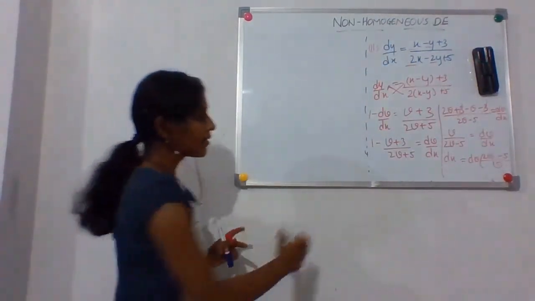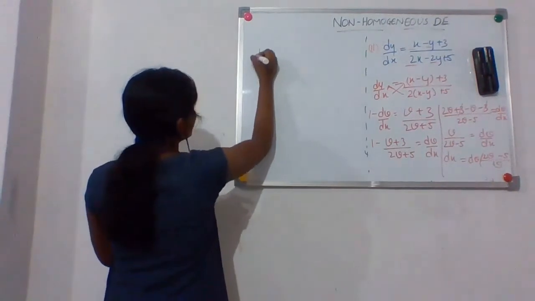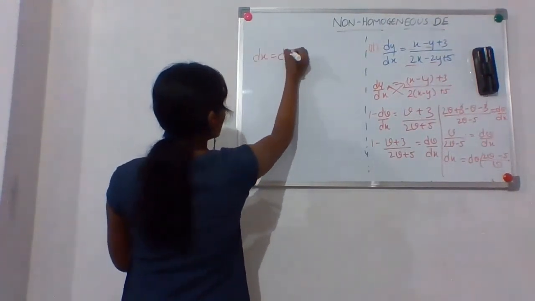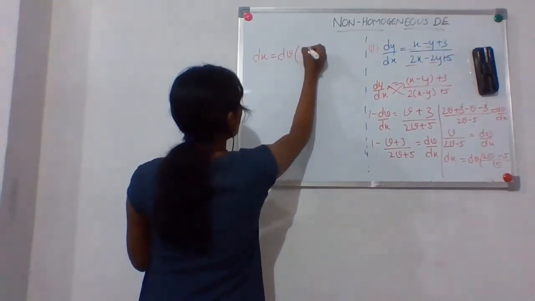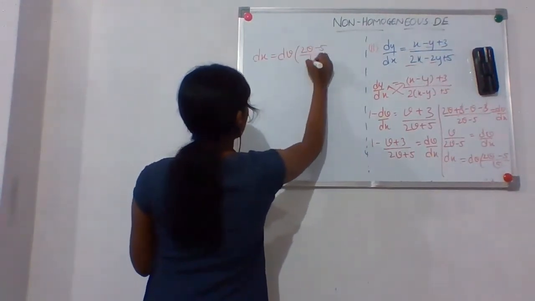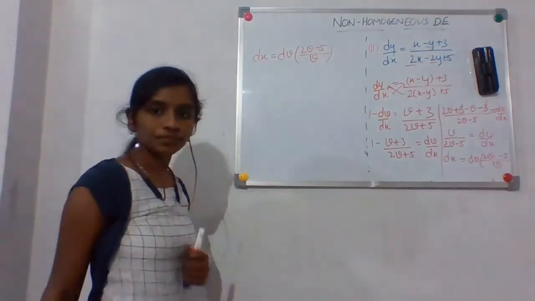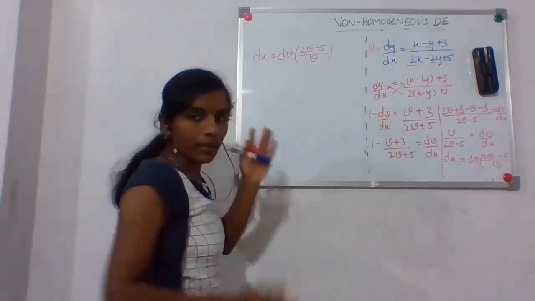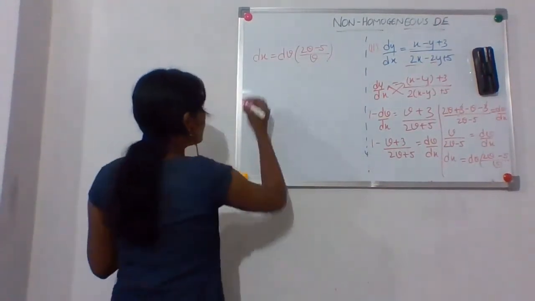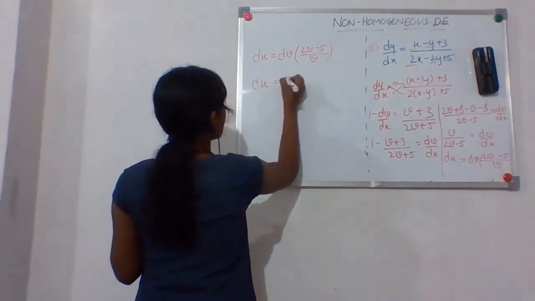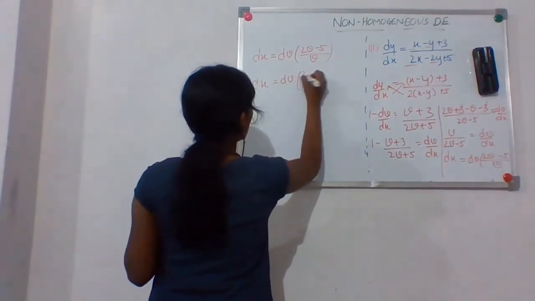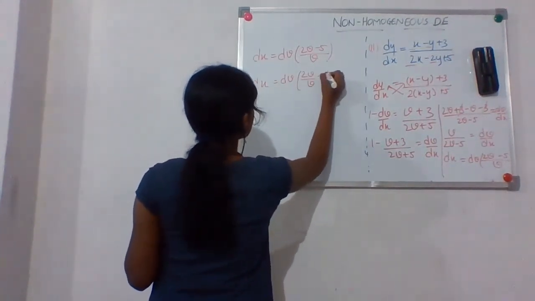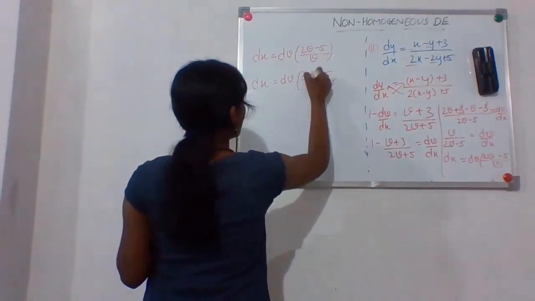Okay, so the thing that I wrote over here is dx is equals to dv into (2v plus 5) by v. Okay, now divide the denominator to both the parts of the numerator. You get dx is equals to dv into 2v by v plus 5 by v. The v's get cancelled.